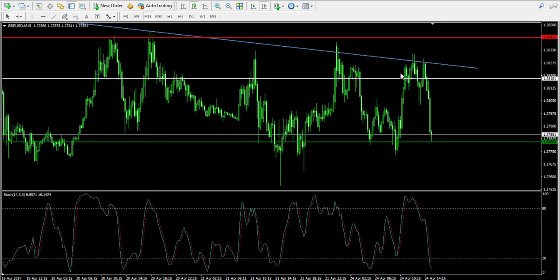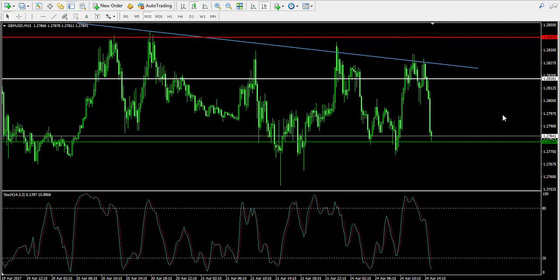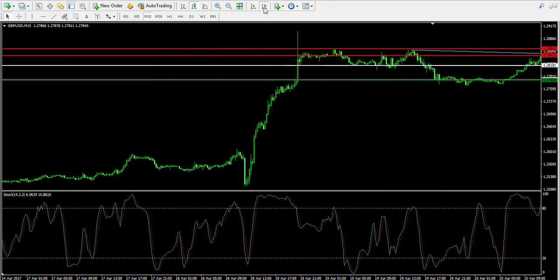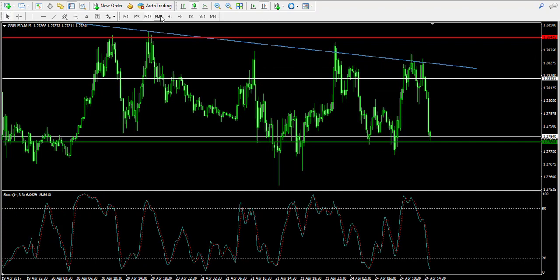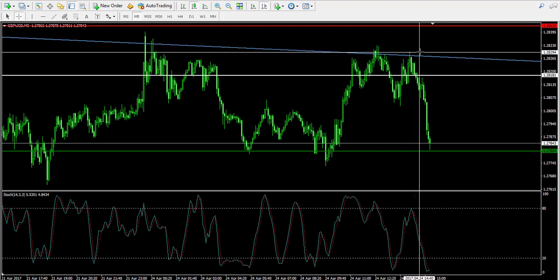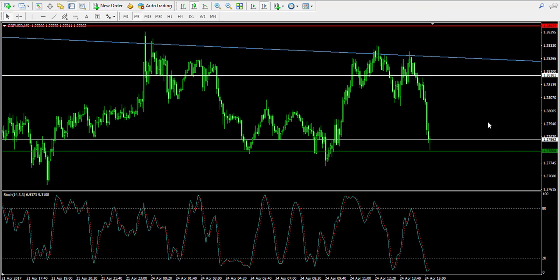And since the price tested this line 3 times and the third time it created a bounce while the stochastic was getting out of the overbought area, I decided that this is a good signal that the price is probably going to make a decrease. At the same time, I noticed the decreasing tops and bottoms chart pattern, which was additional confirmation of my trade.